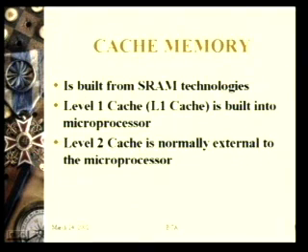Now cache memory basically is built from SRAM technologies. Level 1 cache or L1 cache is built into the microprocessor. Level 2 cache is normally external to the microprocessor, and normally it is within the motherboard of yours. Many people have questioned, why do we need L1, L2 kind of cache?